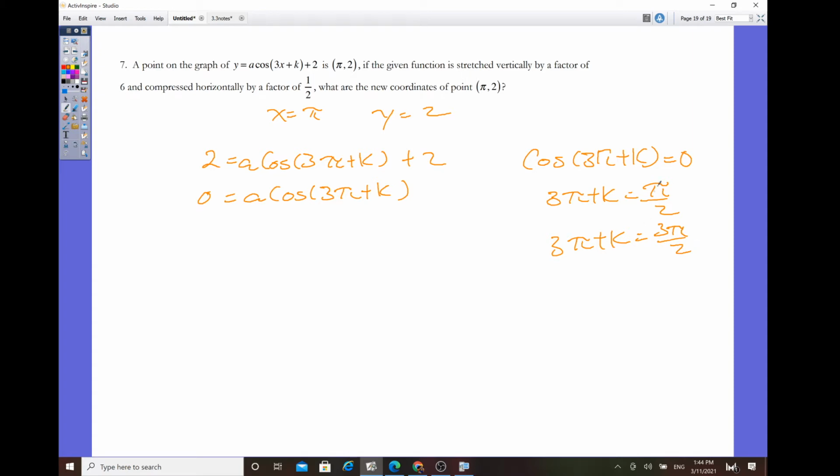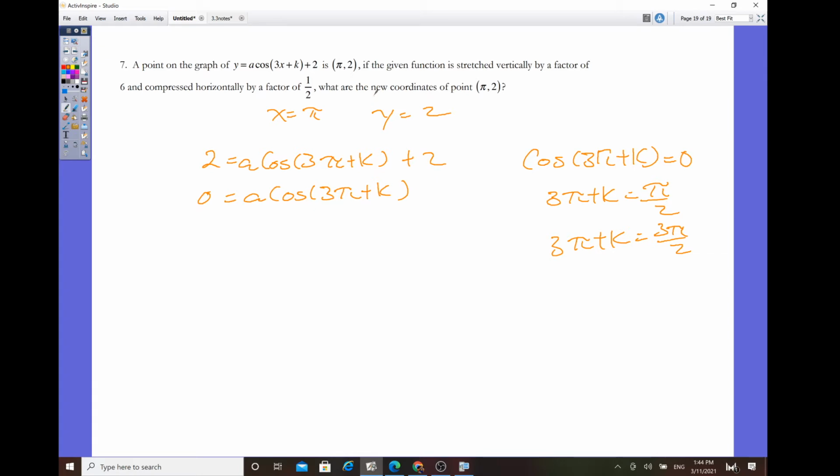It could be any kind of multiples of pi over 2, because at those positions we can solve for k. So k could be either pi over 2 minus 3 pi or 3 pi over 2 minus 3 pi. It's all about the multiples, the solution of pi over 2.